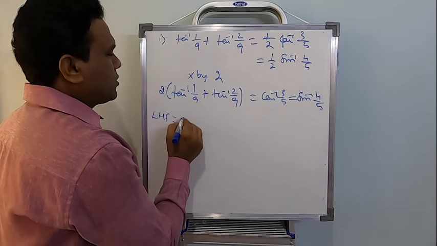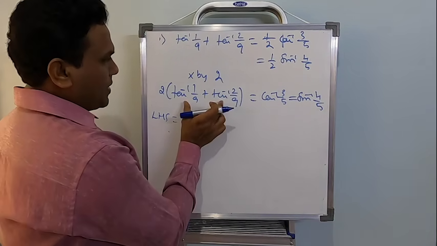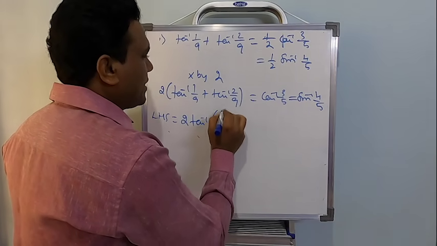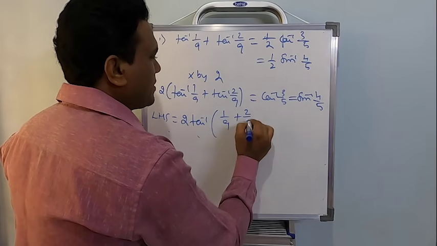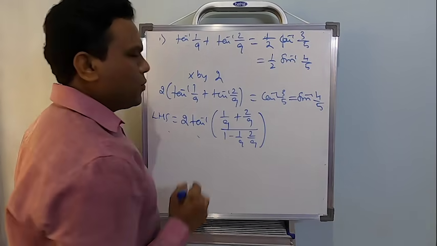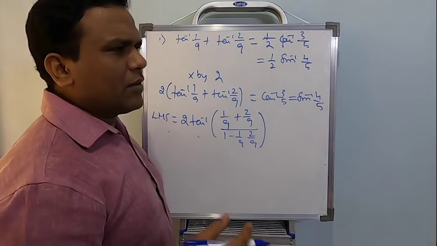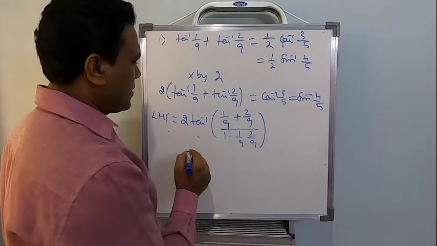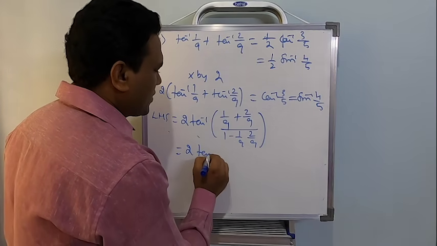So LHS, 2 times. Apply the formula of tan inverse x plus tan inverse y. What is tan inverse x plus tan inverse y? Tan inverse of x plus y by 1 minus x multiplied by y. This is the one formula which will be repeatedly applied from now onwards, so just give importance to this.